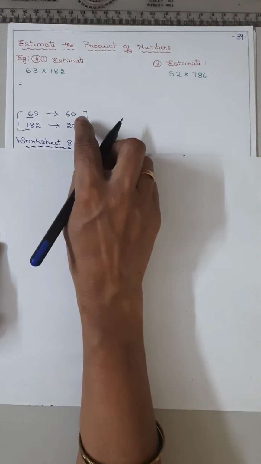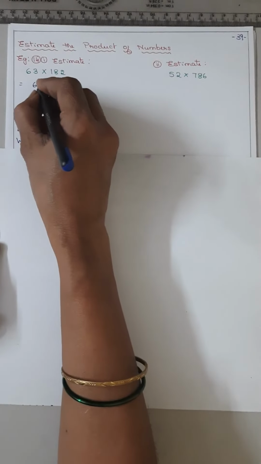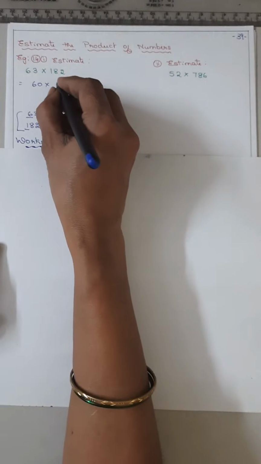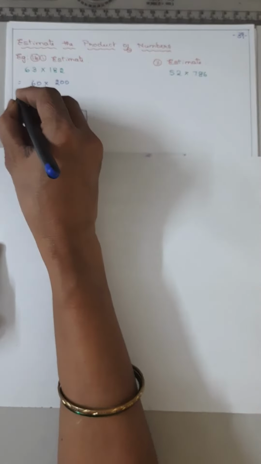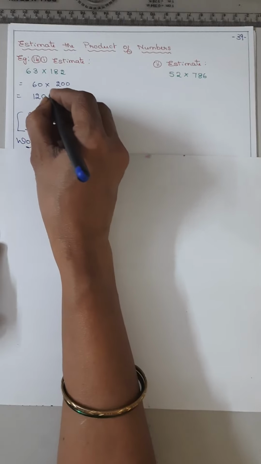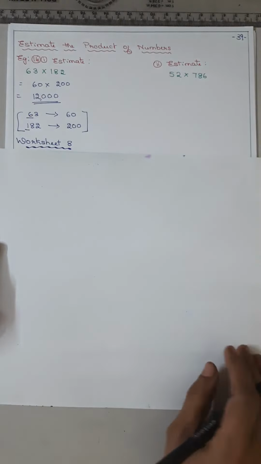Put the values. So first 63 became 60 and 182 became 200. 6 2s are 12. 1 2 3. It is 12,000.